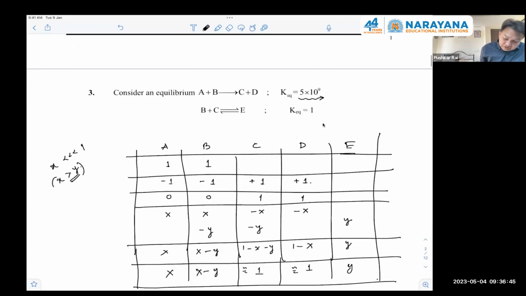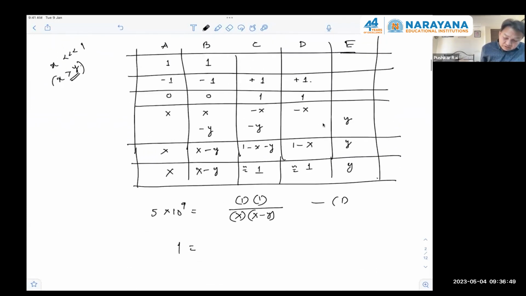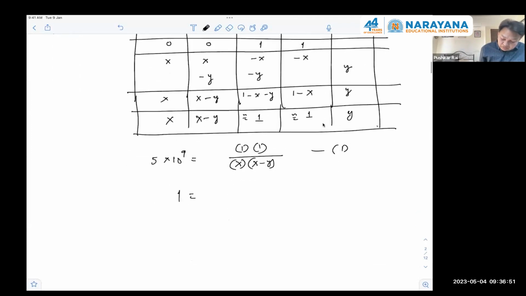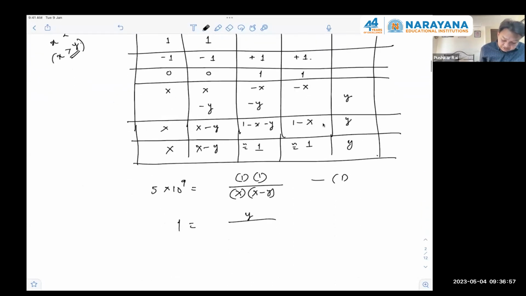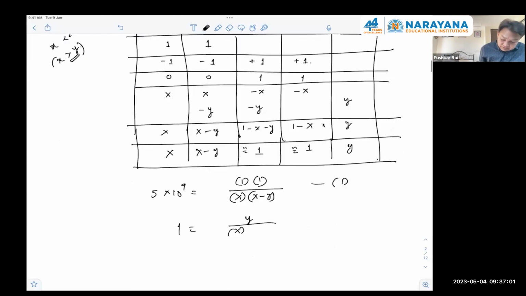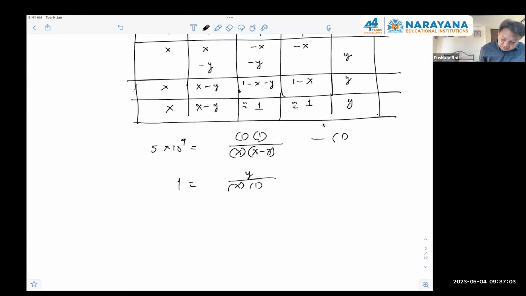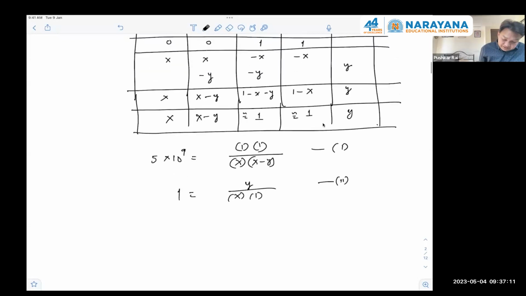So the second equation is 1 is equal to y divided by B into C, which is x minus y into 1. So from there we can easily get that y is equal to x.